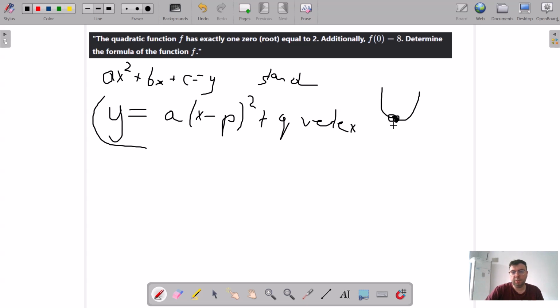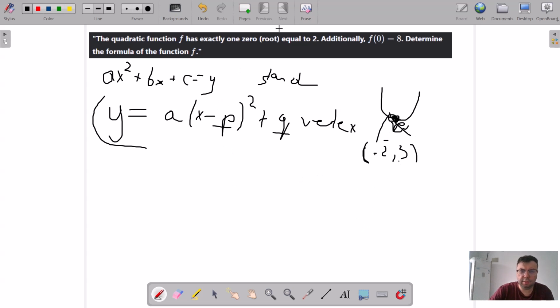In this case, the lowest point is the vertex. P is the value of x, Q is the value of y. So when you have these coordinates, for example, -2, 3, -2 is the value of x, 3 is the value of y.